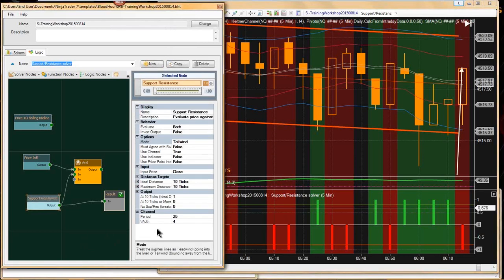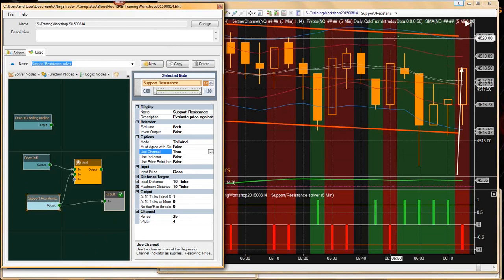Yeah, it looks like I'm getting a mismatch between the solver's regression channel and this anti-regression channel.